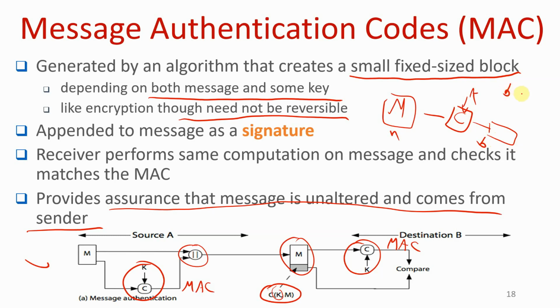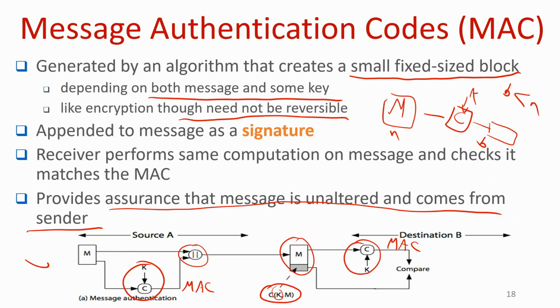Typically, b is much less than n. So the size of the message authentication code is typically much smaller than the size of the message. Otherwise, it would not make sense. You cannot generate a very large block of data just to be able to authenticate the message. This is not practical.